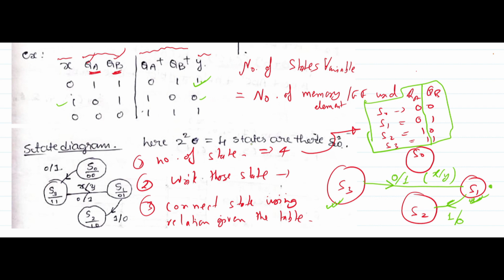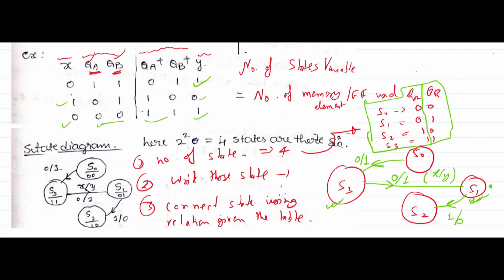Correct? Similarly, if you see this one, I am going from state 0 0 to 1 1 by giving input 0 and getting output 1. So this is how you can draw a state diagram from a state table.